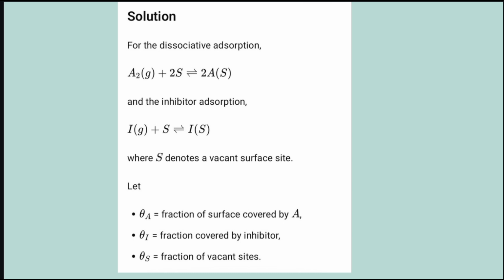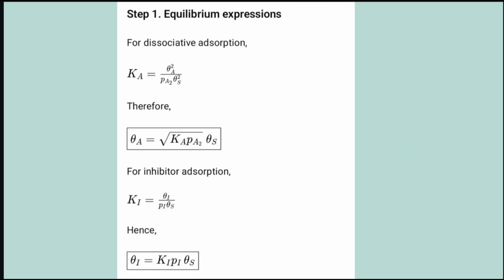For the dissociative adsorption, A2 gas plus 2S gives 2A on S, and the inhibitor adsorption, I gas plus S gives I on S, where S denotes a vacant surface site. Let theta A be the fraction of surface covered by A, theta I the fraction covered by inhibitor, and theta S the fraction of vacant sites. Step 1, equilibrium expressions.